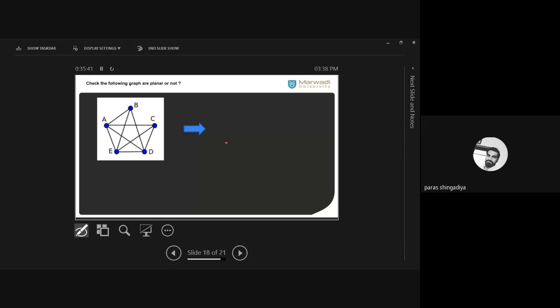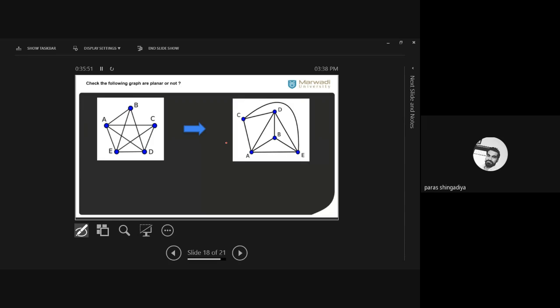Just check it again. It is planar. That is one of the solutions. You can find another graph in place of that also.